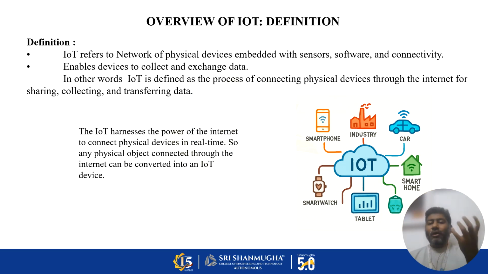So when you want to retrieve those information in a later part of time, you can access those hard drives and then fetch those data. But if you want to look at those data in real time, then you need the support of internet. It means if you have a CCTV network, which consists of a camera, a network switch, and an internet modem, then using an app which you have installed in your mobile phone or in your laptop, you can see all these data in real time.